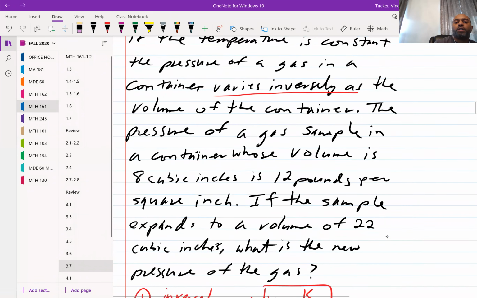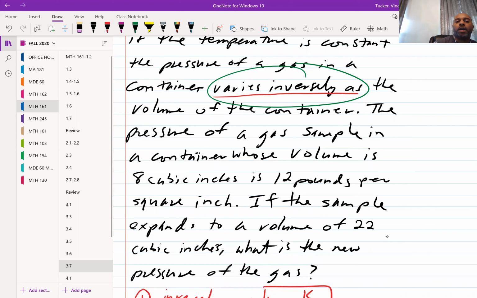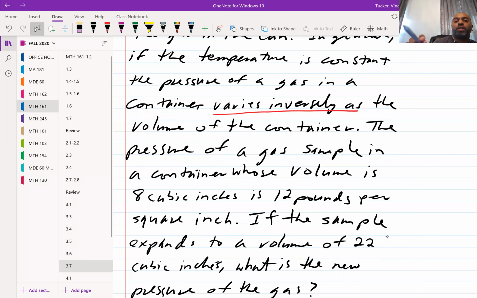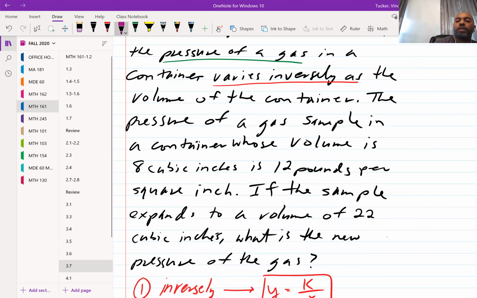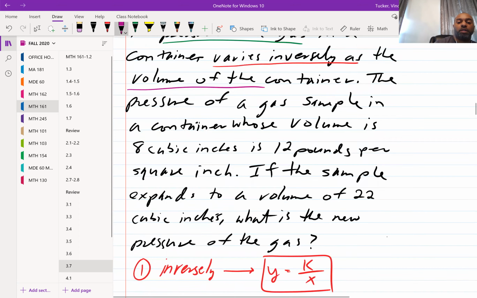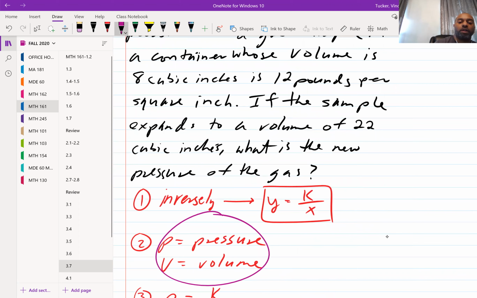We look at our phrasing, varies inversely as, and what comes in front of varies is going to be our y, or our first variable. The pressure of the gas is going to be our first letter. And then after varies inversely, the volume of the container is going to be the other variable. So that's what we have right here: P for pressure, V for volume.